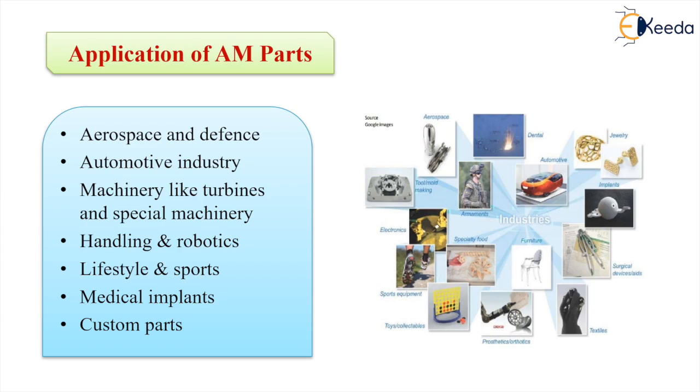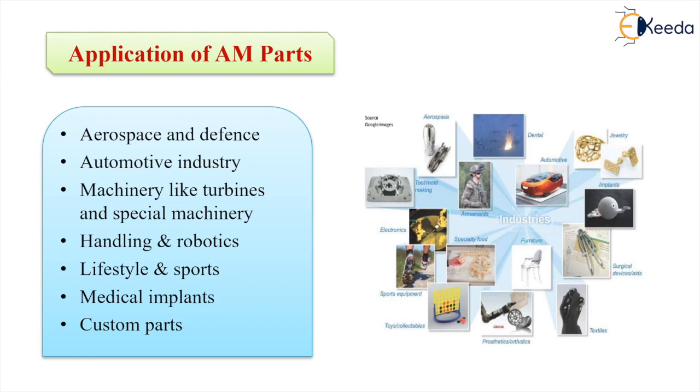Now let us see some applications of these AM parts. Which are the fields where AM technology is adopted? Aerospace and defense, the automotive industry, machinery like turbines and special machineries, handling and robotics, lifestyle and sports, medical implants, and custom parts.